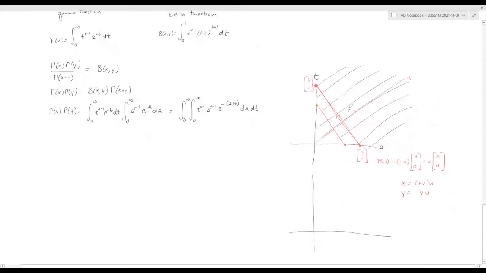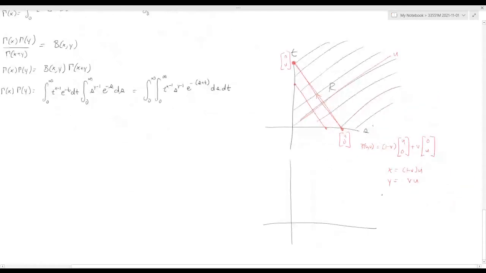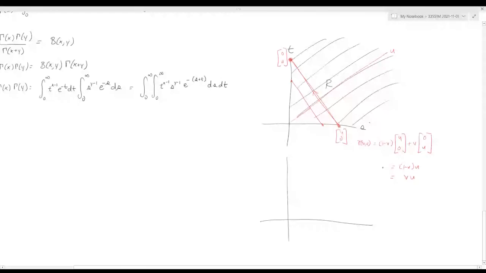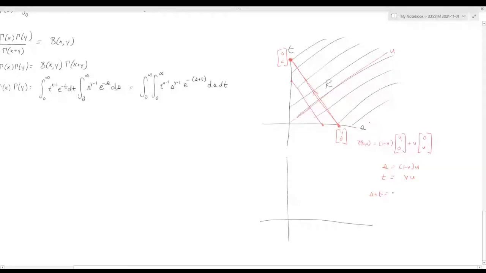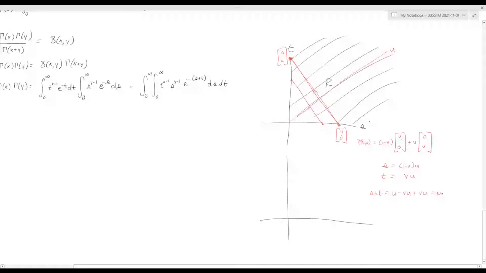Now notice that x plus y, oops, so there should be s and t, I apologize for that. s and t. So then s plus t would be, say, u minus vu plus vu. So that's just equal to u. s plus t equals u. All right.